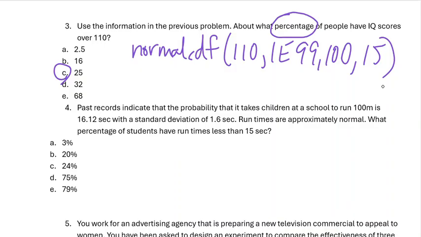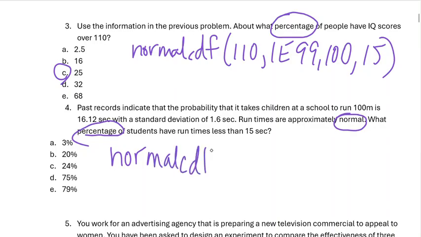All right, run times are approximately normal, so pay attention to the words with the problem. Past records indicate the time it takes a child at school to run 100 meters is 16.12 seconds with a standard deviation of 1.6 seconds. What percentage of students have run times less than 15 seconds? So that's going to be a normal CDF.